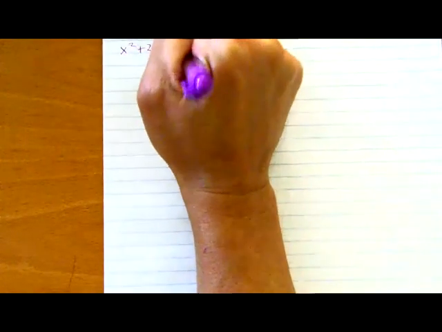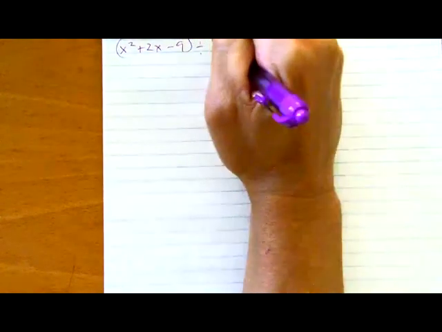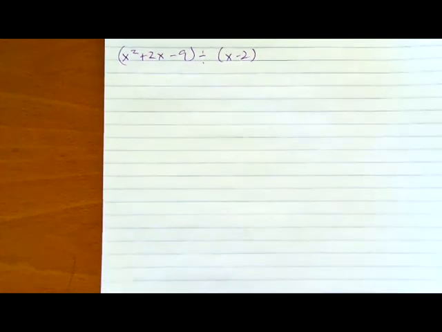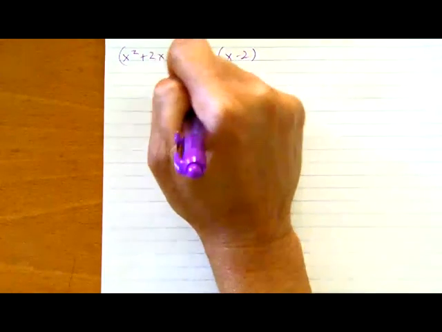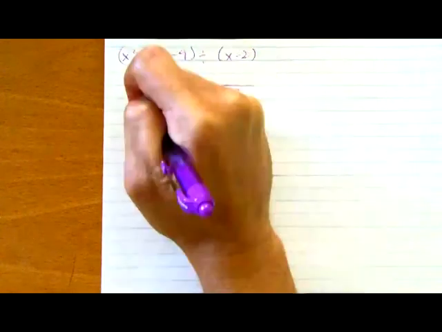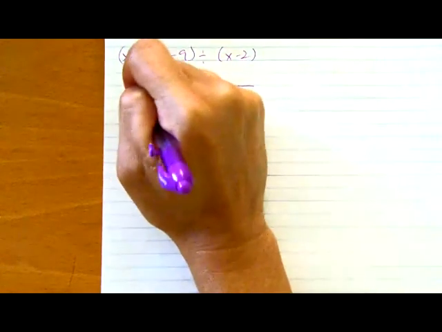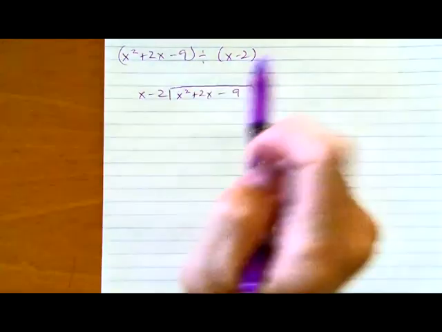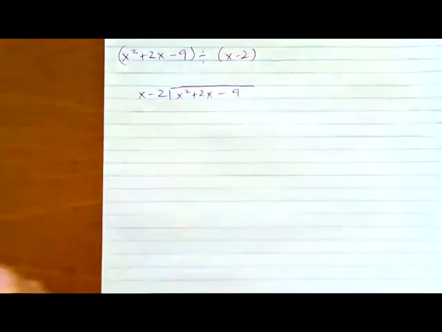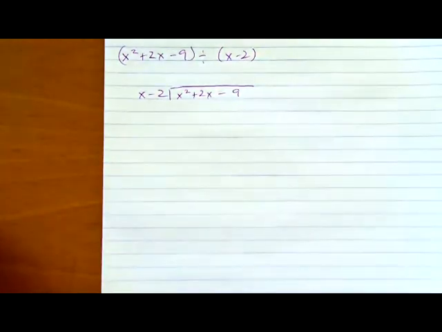x squared plus 2x minus 9 divided by x minus 2. Okay, so if you're tempted to factor, this is not factorable. So we have to do the long division.